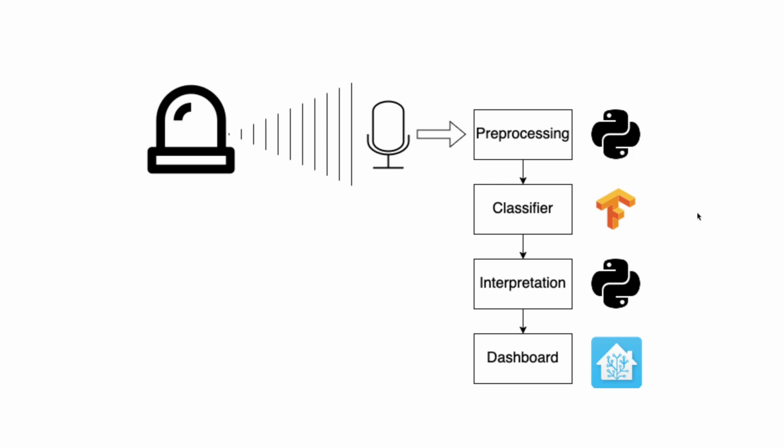And this makes the prototyping in Python super fast. We will use TensorFlow for the classifier, the brain of our detector. It's a popular machine learning framework, and many real-life AI applications use exactly TensorFlow framework.